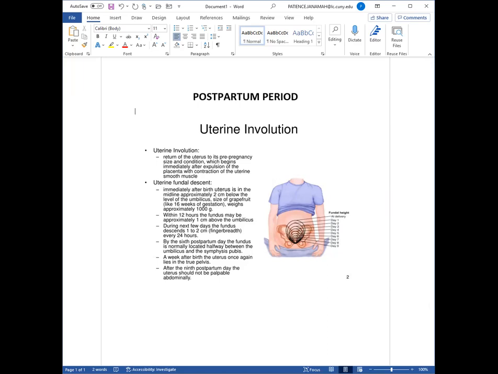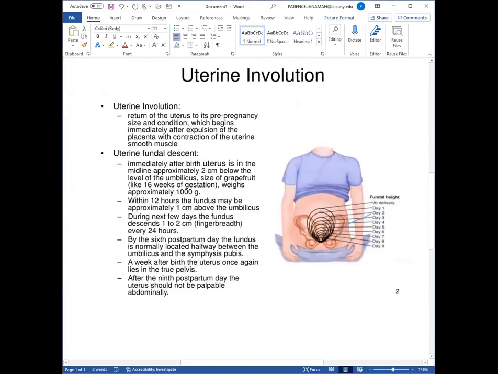So usually the period for the uterus to go back to its normal non-pregnant state takes up to 6 weeks after delivery. So there are physiological changes, and looking at the diagram I sent, you would see that it's a diagram explaining how the uterus returned back to its normal stage, how the uterus gradually goes back, starting from day 1 after delivery.